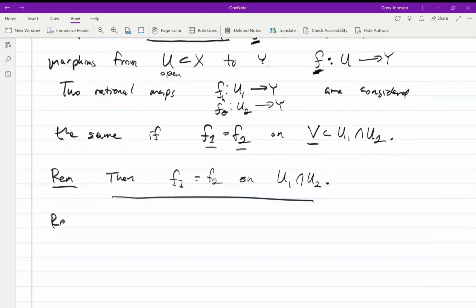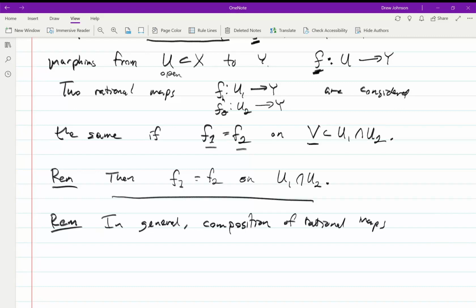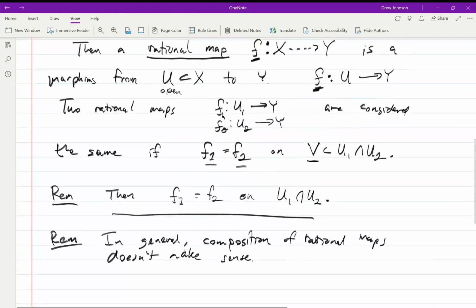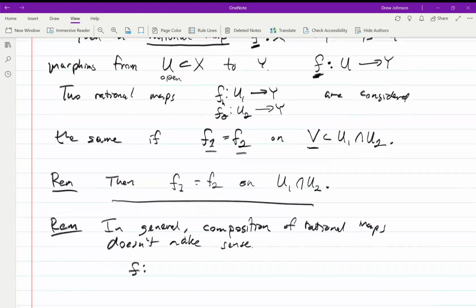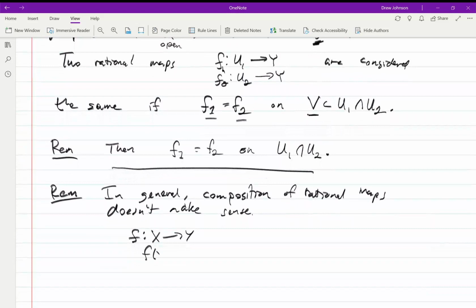Here's one more remark. In general, composition of rational maps doesn't make sense. The problem that can happen is, what if I had an f from X to Y where all of f of X was contained in a single point in Y?